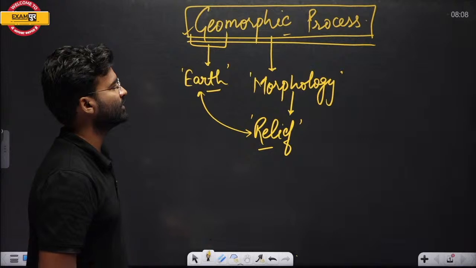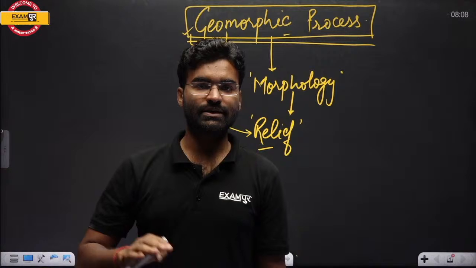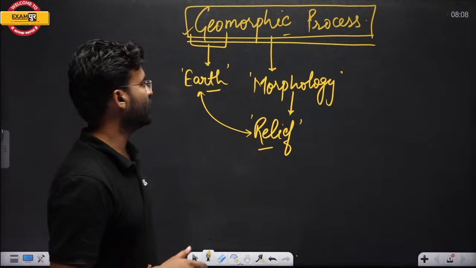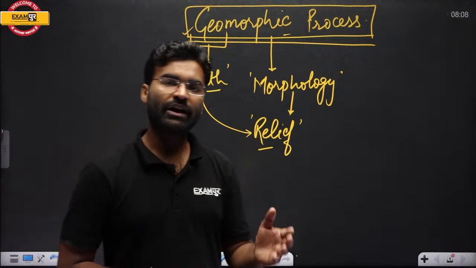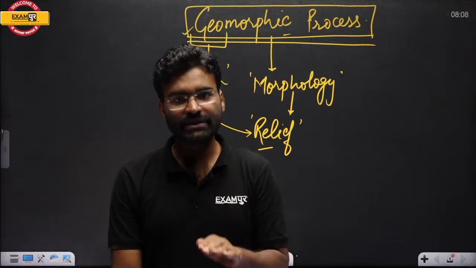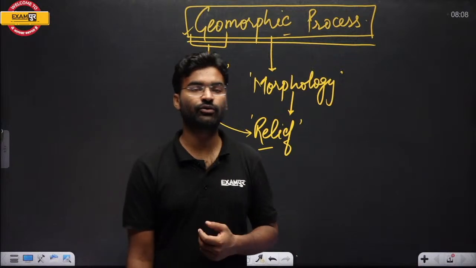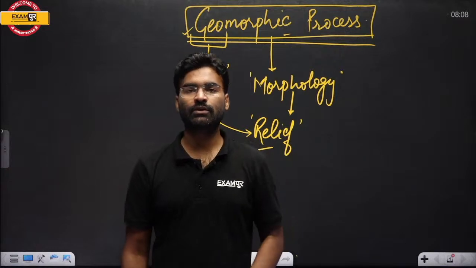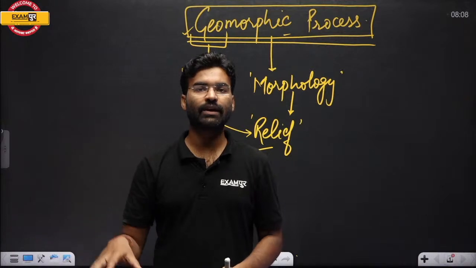If we define it, the geomorphic process is the process by which the earth's surface structure is formed. We should know which type of process is happening on the earth surface by which different structures are forming. If you move on the earth surface, you see a mountain somewhere, and when you move again, some region has a plateau area, some region has a plain area.